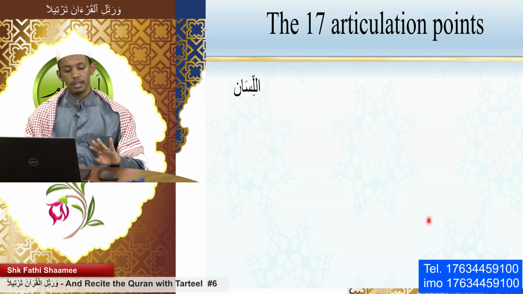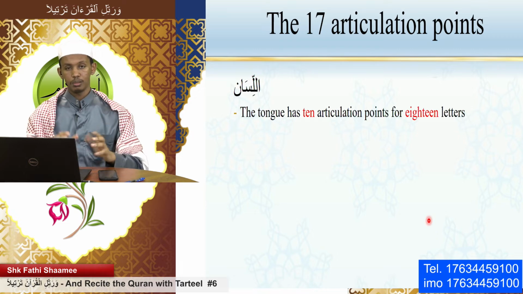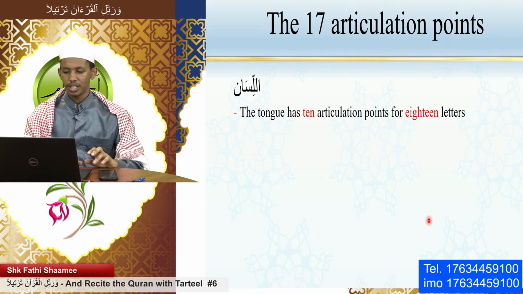So al-lisan is the next area of articulation from the 5 general areas, and it has 10 articulation points for 18 letters. So the tongue has 18 letters coming from it, and subhanallah, it's the area of articulation that has the most letters.